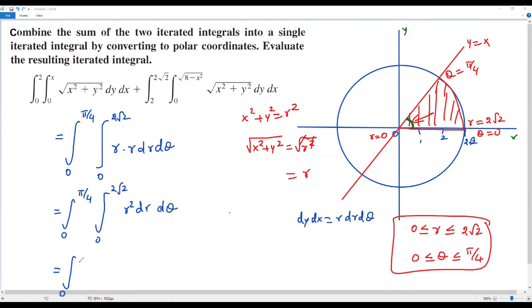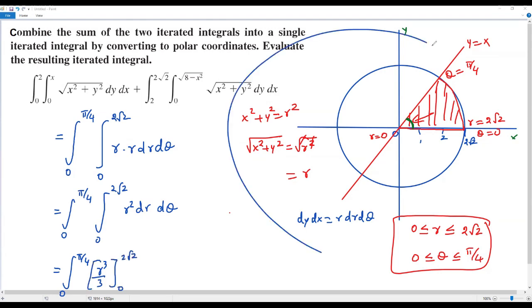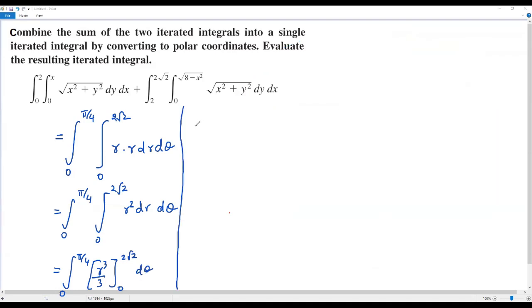So let me write 0 to π/4. When I integrate r², it will be r³ over 3, from 0 to 2√2. Okay, now let me erase the stuff over here so that I'll find enough space to work on it. Let me continue. Integral 0 to π/4. Now in the result, I have to plug in the upper limit for r, that is 2√2.